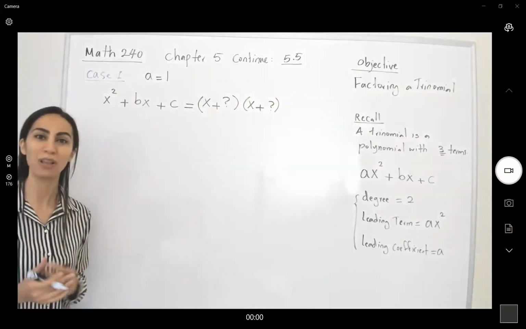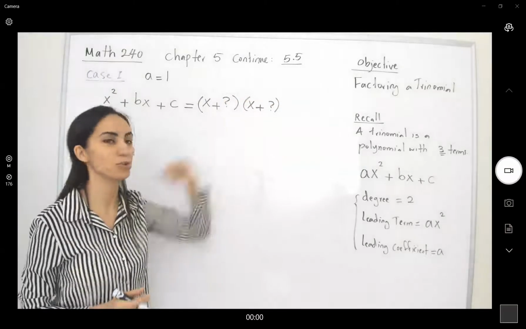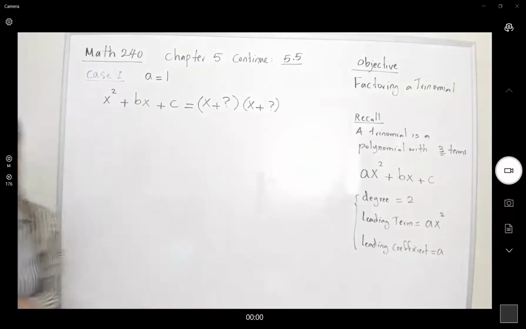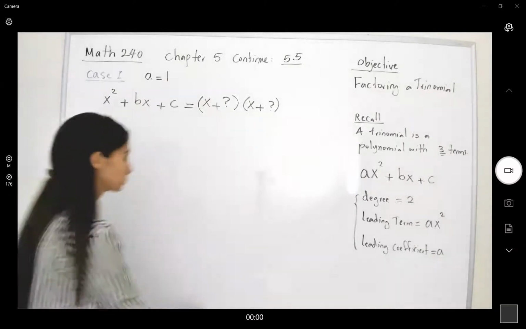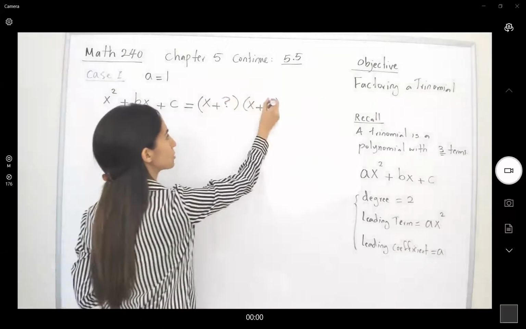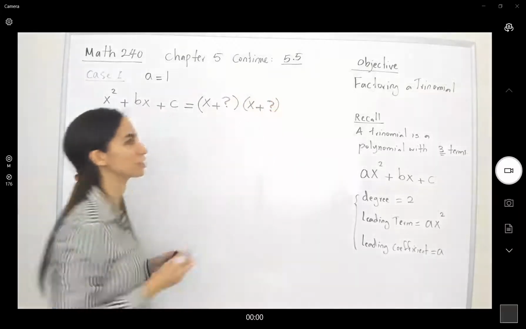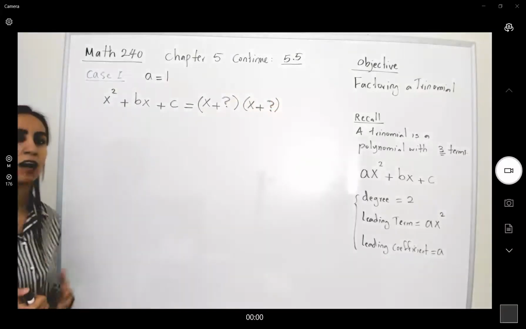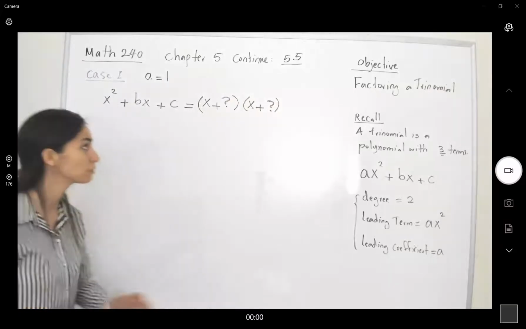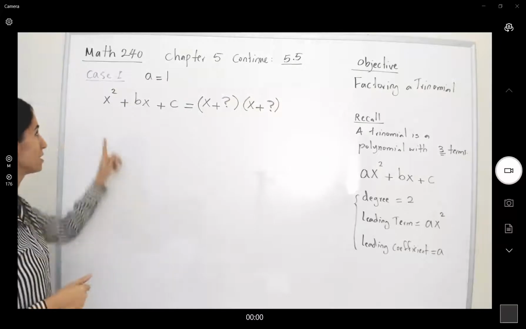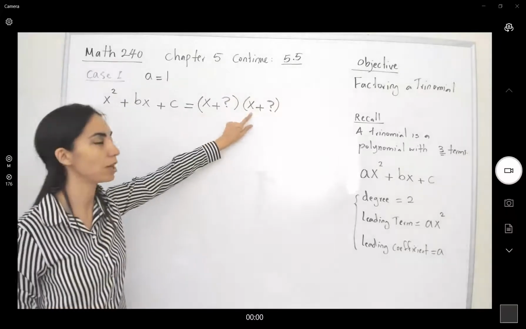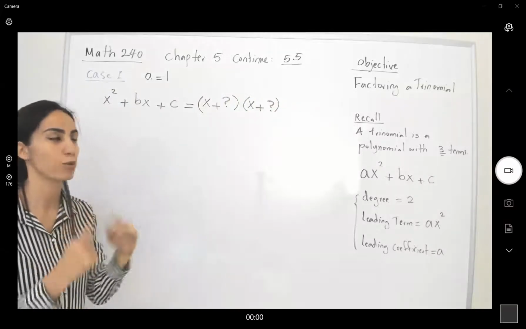So our goal is to find these 2 constants, these 2 numbers. What number goes here, and what number goes here? How do we find those numbers? Very well. Note that you have exponent 2. If you multiply x by x, it's going to be x squared.